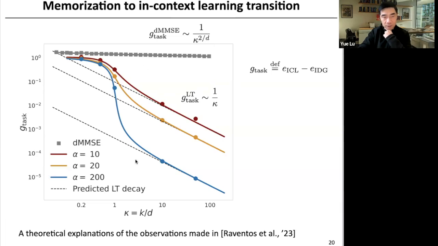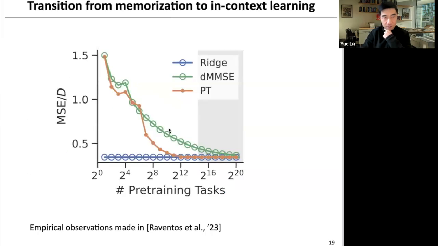You can see that when kappa is small enough, our linear transformer is doing something similar to the green line. But once kappa goes above the threshold, it deviates from the green line and achieves generalization at a much faster rate. So in some sense this captures what happens in the empirical observation.